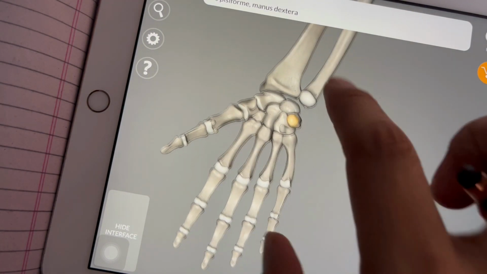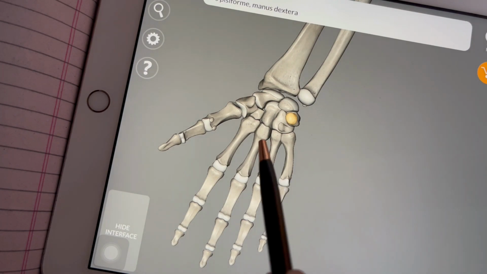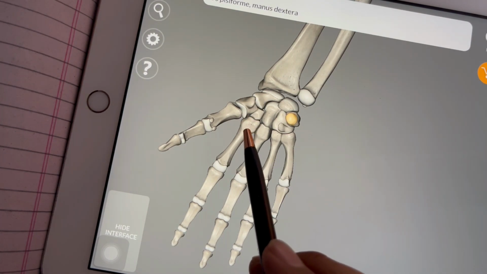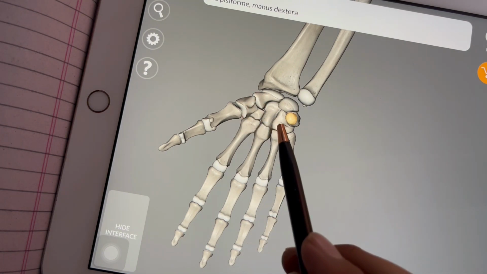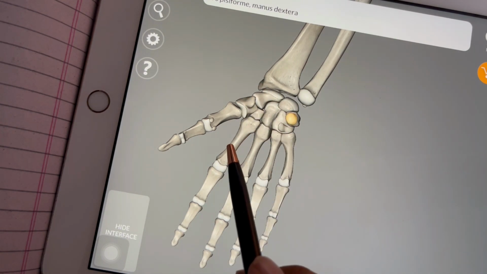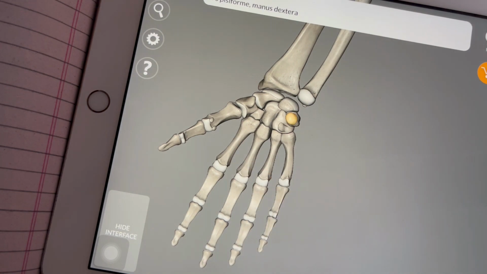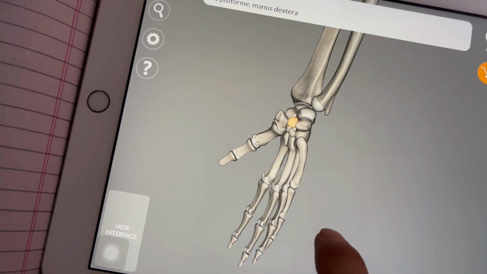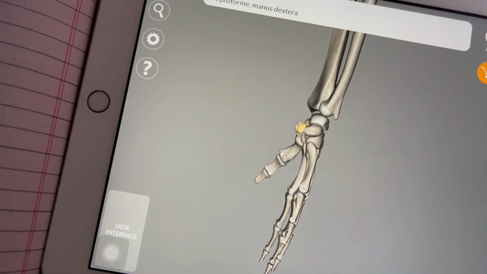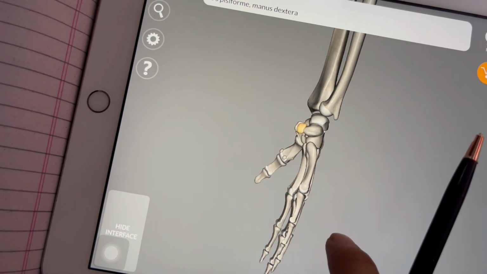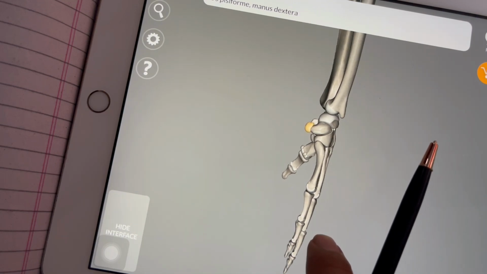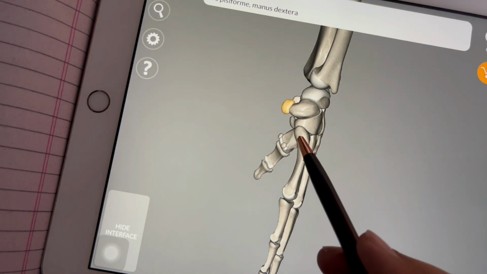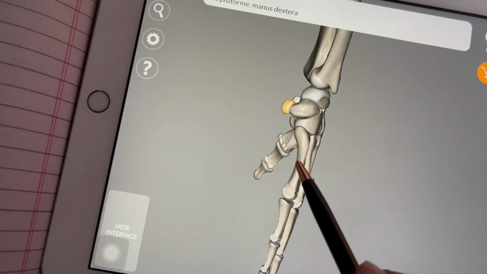As you can see, the most proximal part here is called the base of the metacarpal, which articulates with the carpal bones, followed by the body of the metacarpal bone. And as I have said, the body is concave in shape, as you can see here.